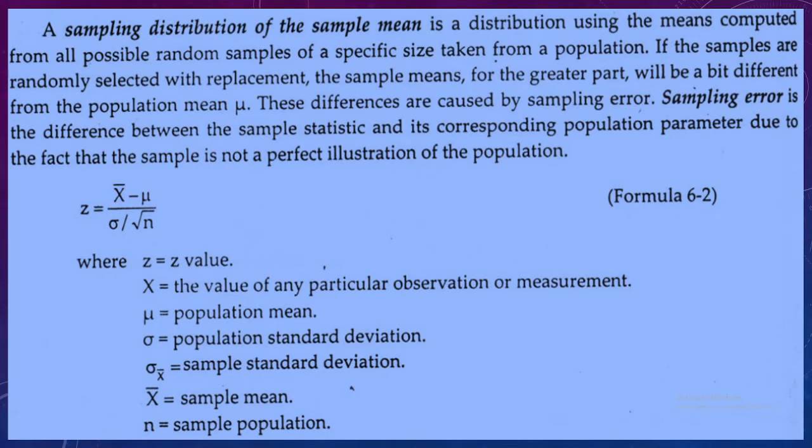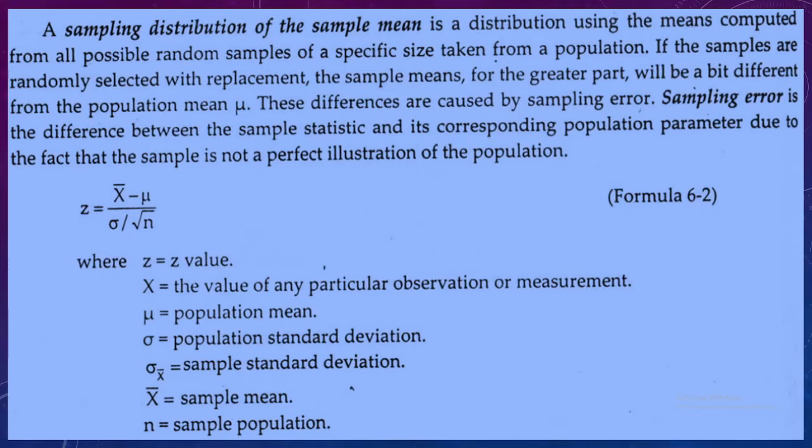A sampling distribution of the sample mean is a distribution using the means computed from all possible random samples of a specific size taken from a population. You already know what a sample is. You already know what a population is. If the samples are randomly selected with replacement, the sample means for the greater part will be a bit different from the population mean.